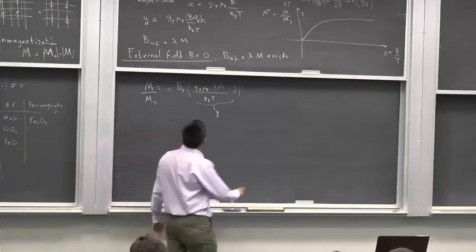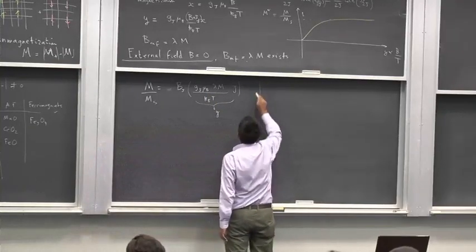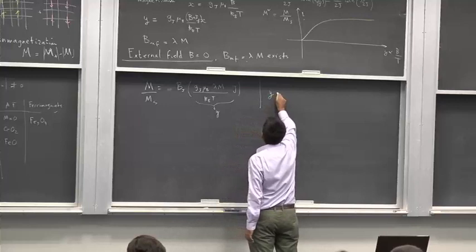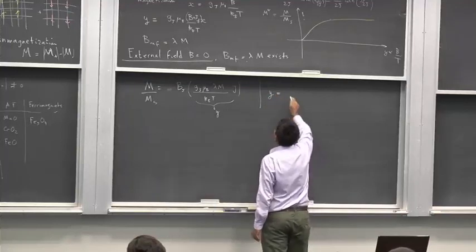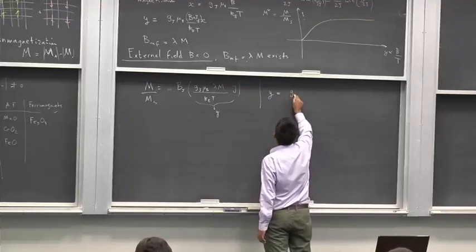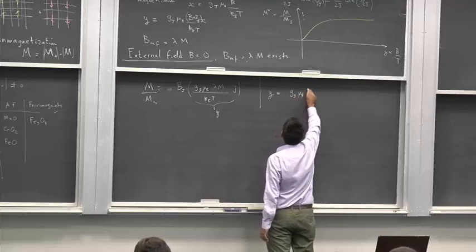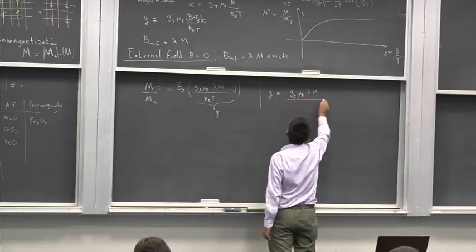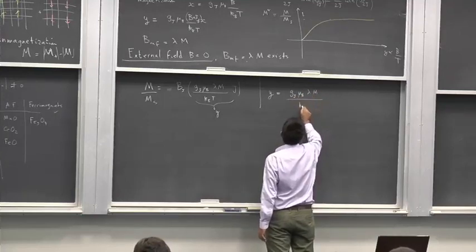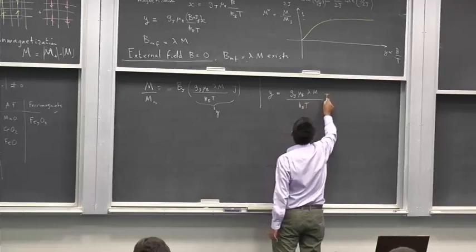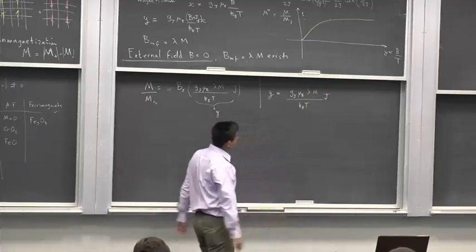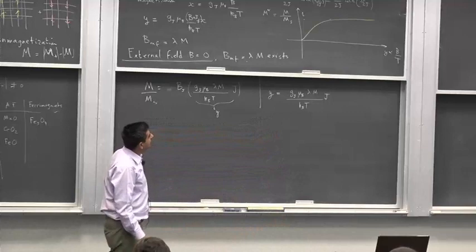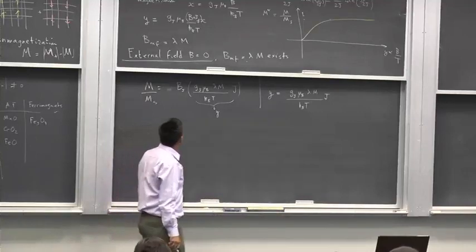The other equation is y equals x, which is g_J mu_B lambda M over kB T into J, right? Now I have two equations.